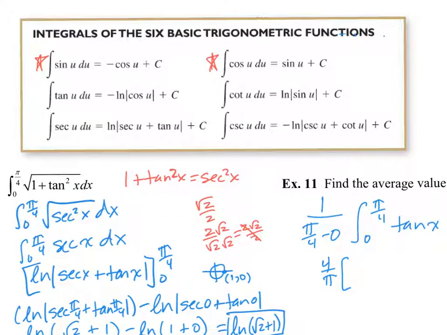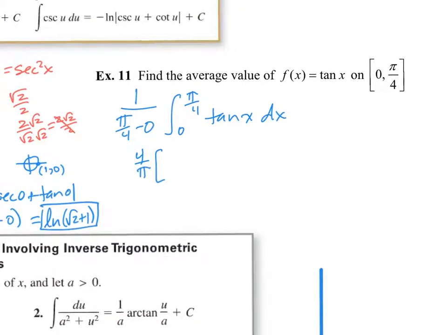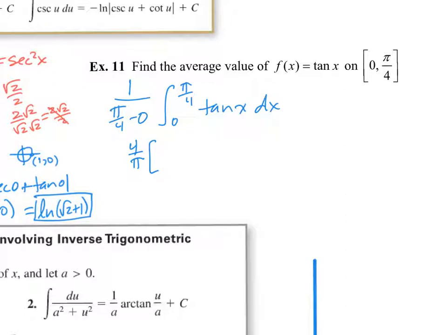The integral of tangent x is the opposite of the natural log of the absolute value of cosine of our function plus c. Okay, so let's go ahead and do that. So the integral of tangent x then is the opposite of the natural log of the absolute value of cosine x, and then we'll evaluate that from 0 to pi fourths.